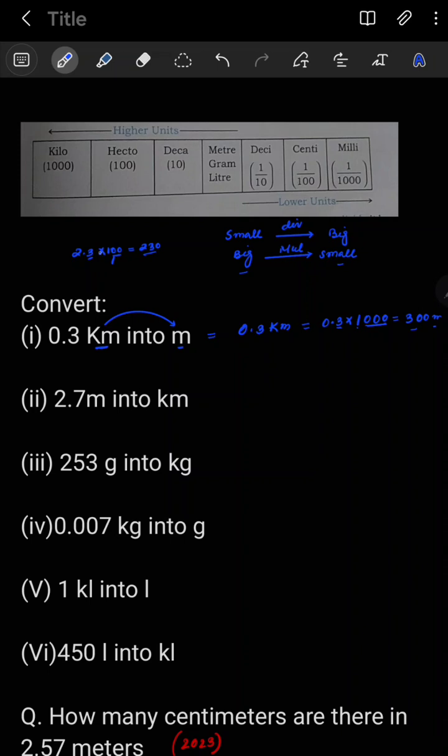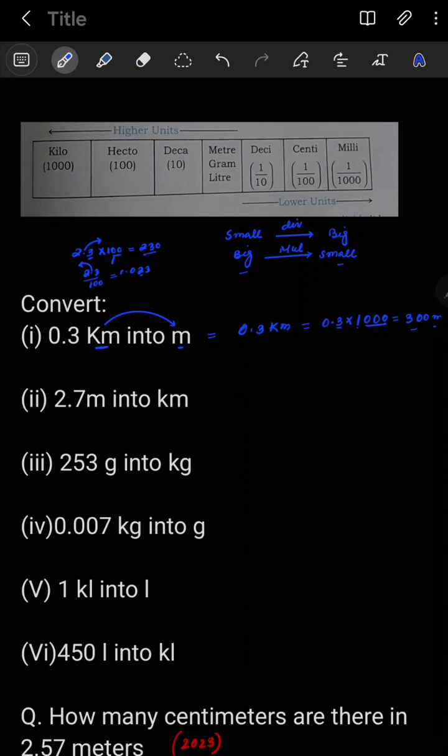If you multiply, your point will sweep to the right side, and if you divide, your point will sweep to the left side. Suppose 2.3 divided by 100. That time your point will sweep which side? It will sweep left side. That means 2 3, then 2 is one house, you have to give zeros on the left side.